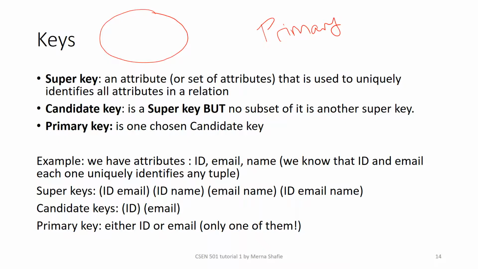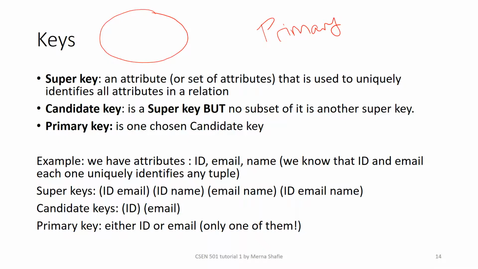فthink with me ان السوبر كي بتاعي ده is any attribute or set of attributes that uniquely identify each one in this entity. يعني لو جبت student وعنده ID وإيميل هقول ال ID is a super key والإيميل is a super key وال ID والإيميل is a super key. طب لو أنا عندي كمان name والنيم ده مش حاجة uniquely identify، يعني لو خدت النيم لوحده ممكن يكون عندي 2 students اسمهم أحمد for example.